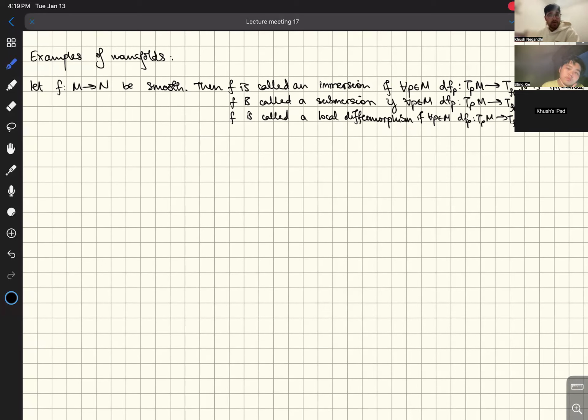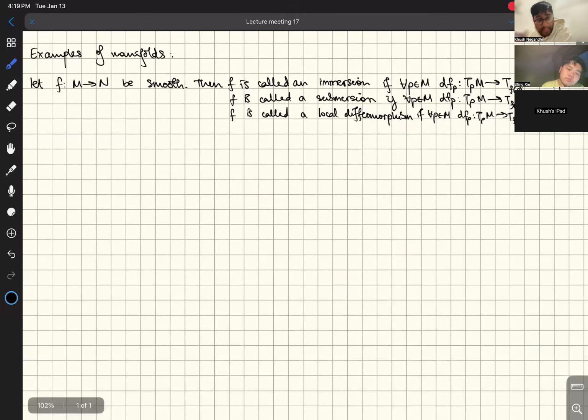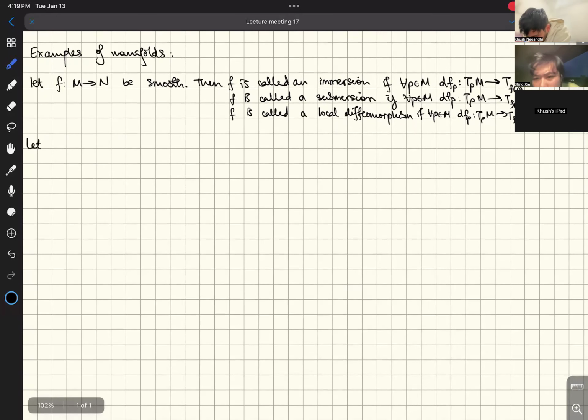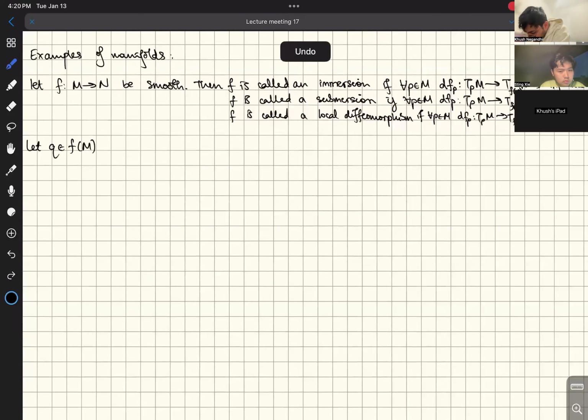Okay, so with this out of the way, let q be a point in the image. Okay, and the image is a subset of the codomain.